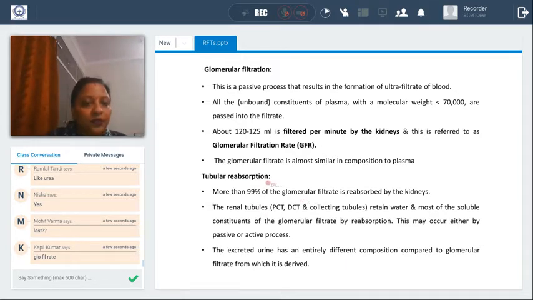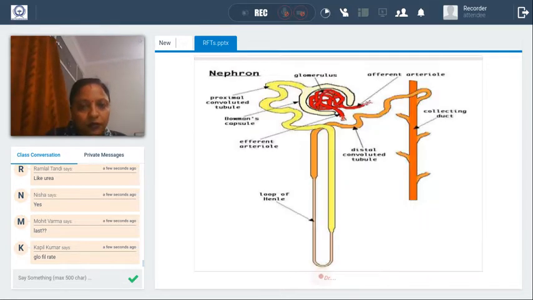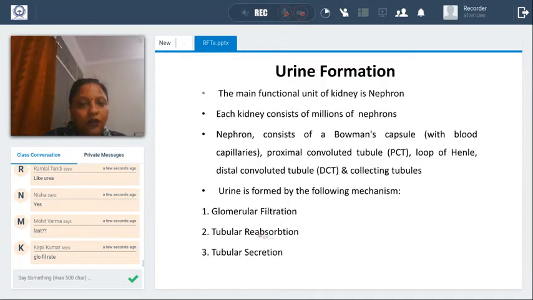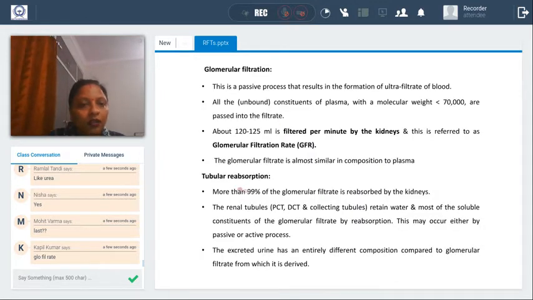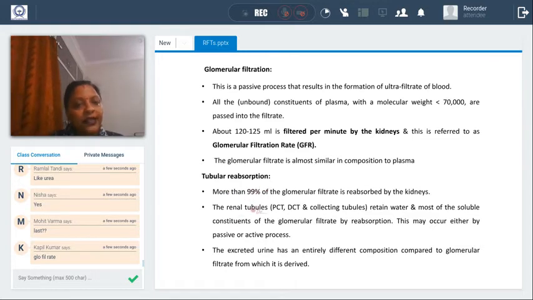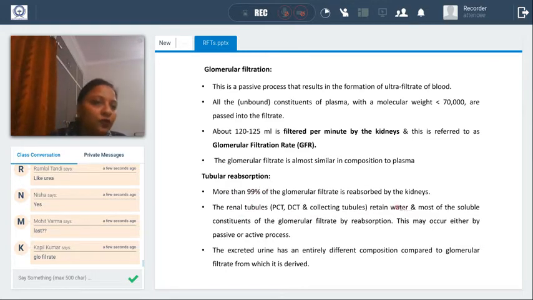Next is tubular reabsorption. Urine is formed by three mechanisms, of which glomerular filtration and tubular reabsorption are the most important. More than 99% of the glomerular filtrate is reabsorbed by the kidney.